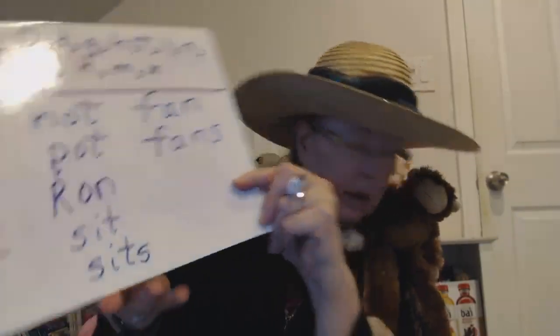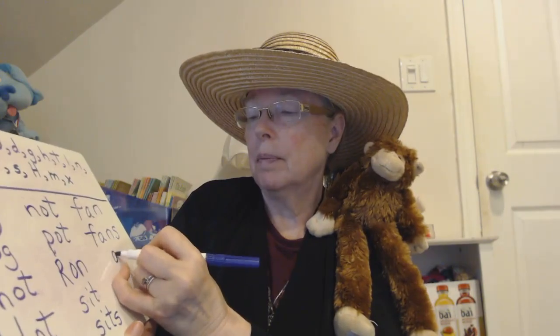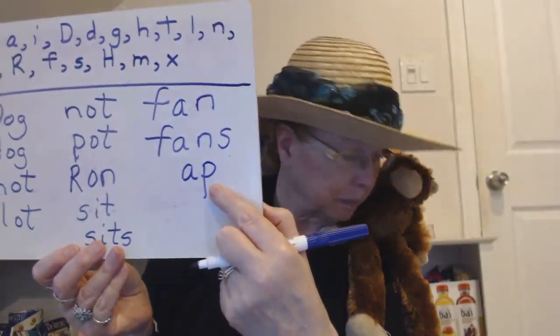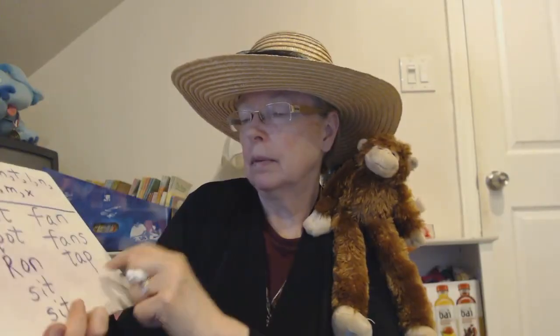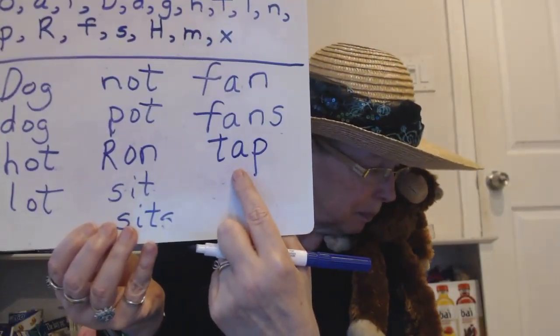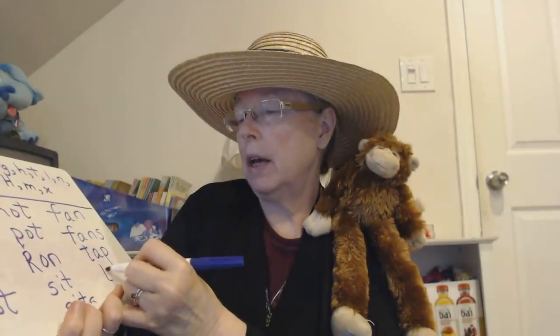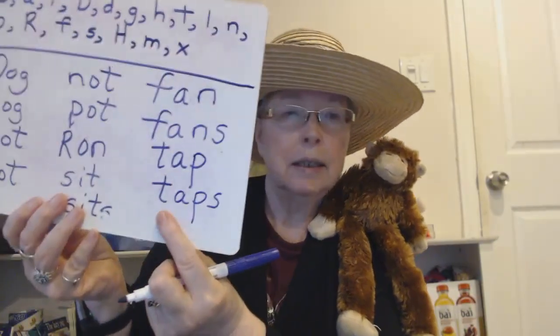We're going to use the A again, add a P at the end of it, and we get ap. We're going to add a T in front of it, and we get tap. Add an S at the end of tap, and we get taps.